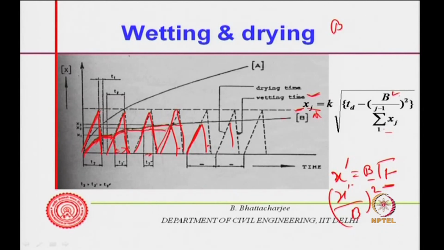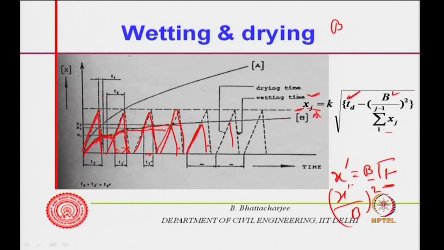So, the square of this gives me the time. The total time required up to which drying has to occur, this time must be subtracted from the total drying time. Total drying time minus this time.